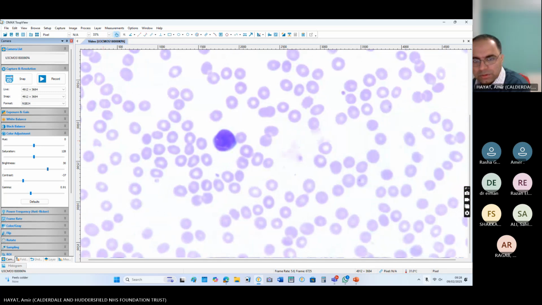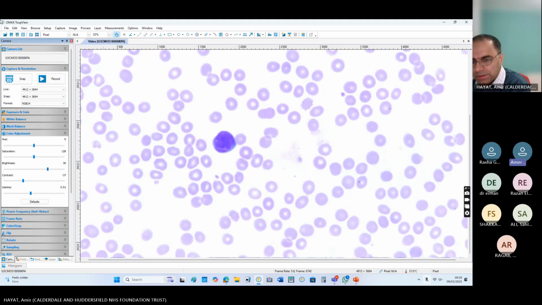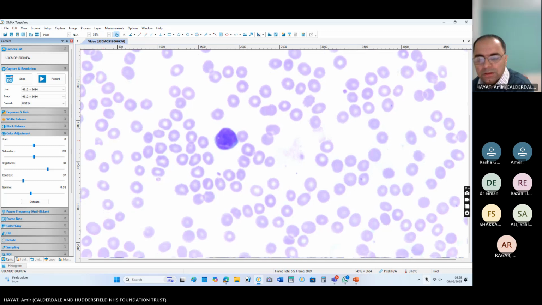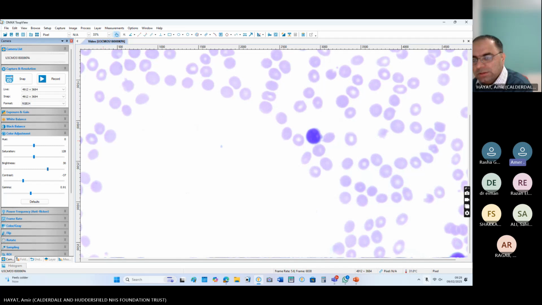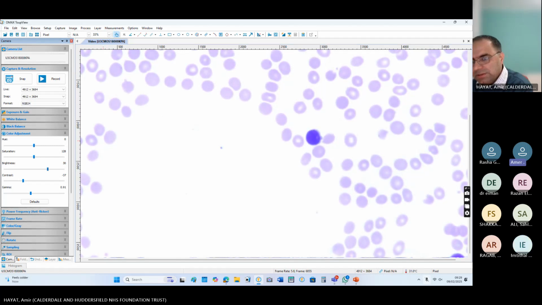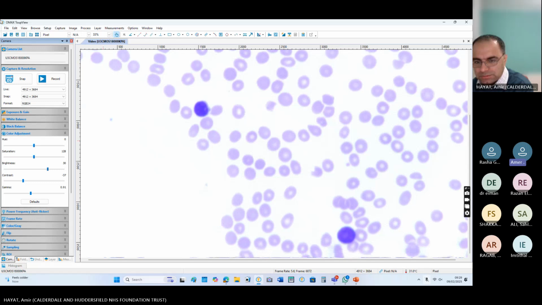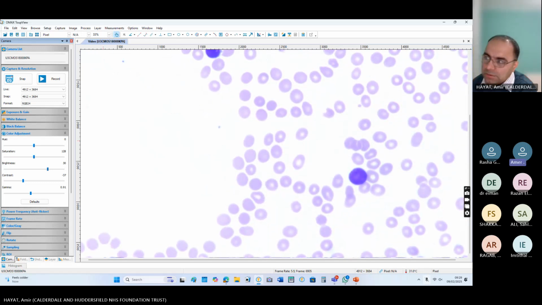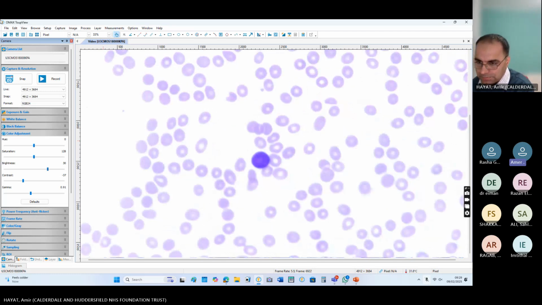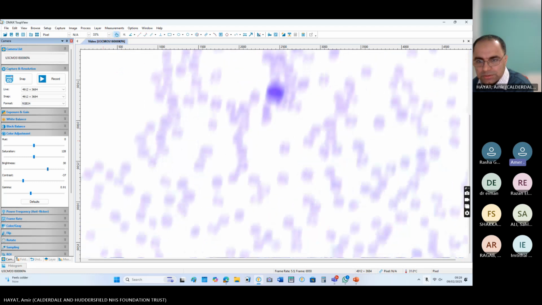Your lab colleague has seen the blood film and he thinks that this is CLL. But the other colleague in the lab has seen this blood film and he thinks that the patient is young, 19-year-old, so these are reactive lymphocytes. Now they have sent the blood film to you for your reporting and comment. So let's see a few slides here and then you can comment on the blood film.